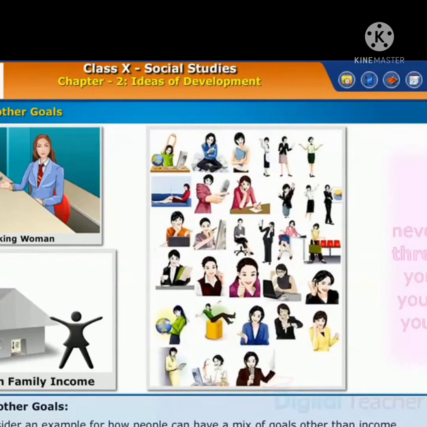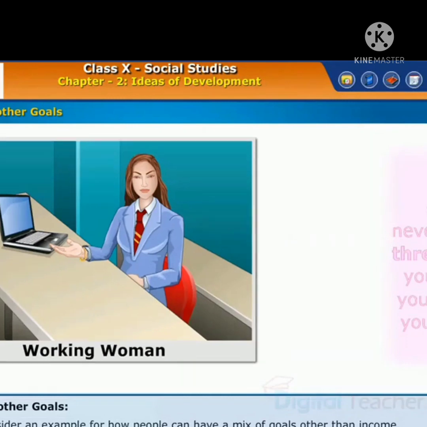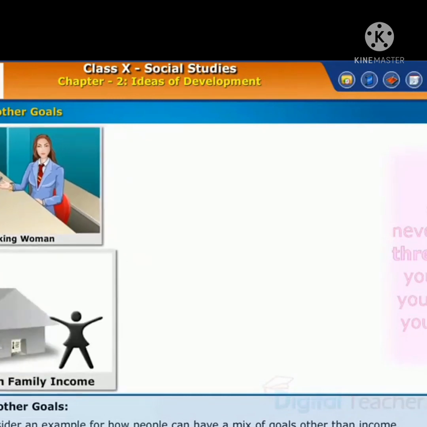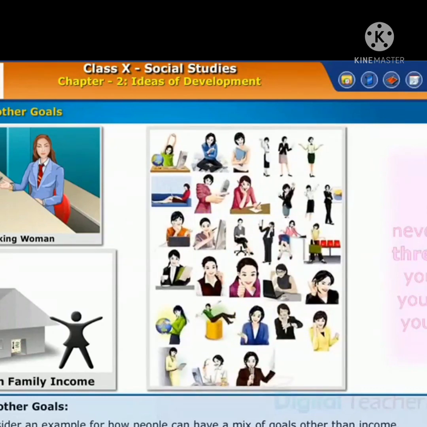At the same time, if there is respect for women, there would be more sharing of housework and greater acceptance of women working outside. A safe and secure environment may allow more women to take up a variety of jobs or run businesses.